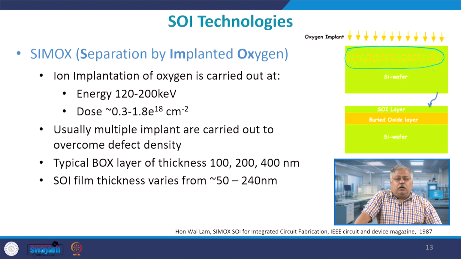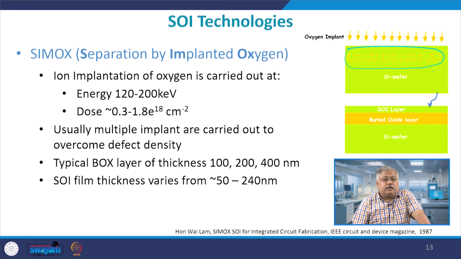Now, the problem with ion implantation is that though you are able to implant the ions, the silicon itself gets high defects. So we need to do multiple implants to overcome these defect densities. There will be heavy defect densities when you put in a dose with very large energy, so the silicon atoms themselves start shifting from their mean position.